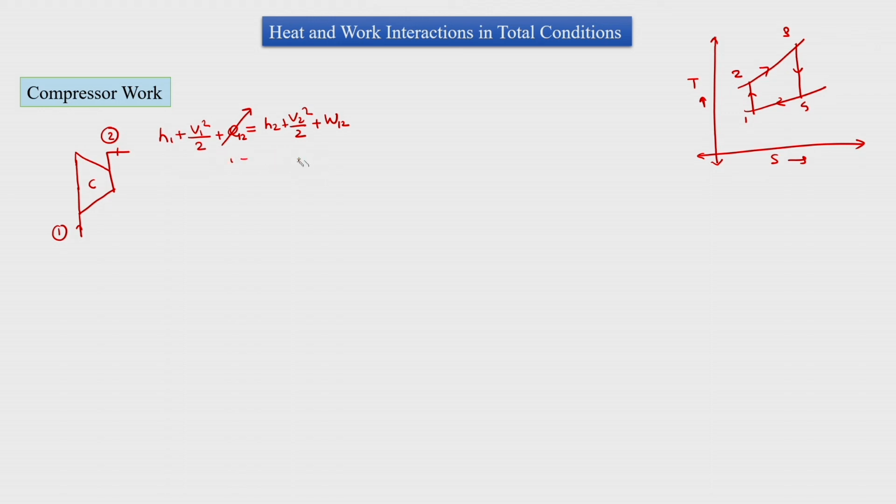but now we will not neglect the velocity. If the flow is brought to 0 velocity at station 1, then we have H1 plus V1 square by 2 as H01, which is equal to H02 plus W12.